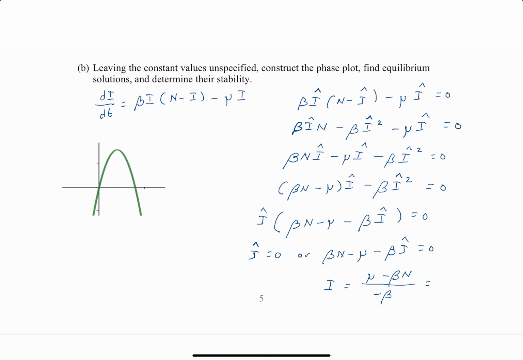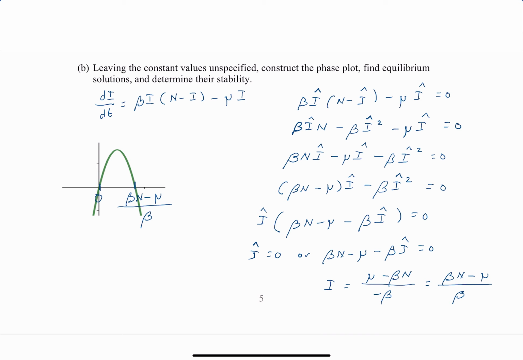Oh, and this would be a little cleaner to write as beta n minus mu over positive beta. So our first equilibrium is at 0, and our second one is at beta n minus mu over beta.